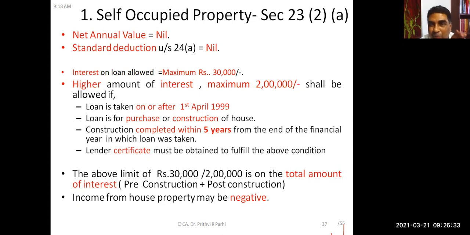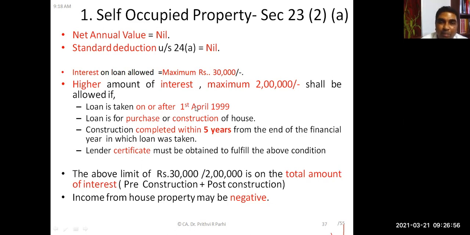If capital is borrowed, the maximum amount of interest allowed is 2 lakh. But in case the loan is taken before 1st April 1999, the maximum interest allowed is only 30,000 per annum.